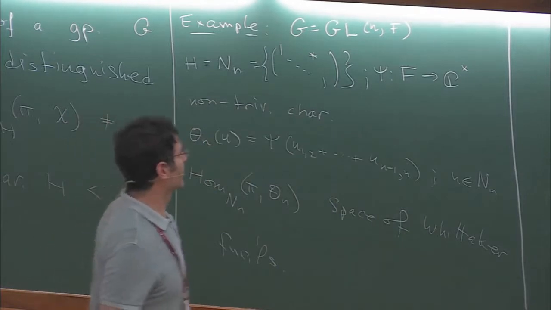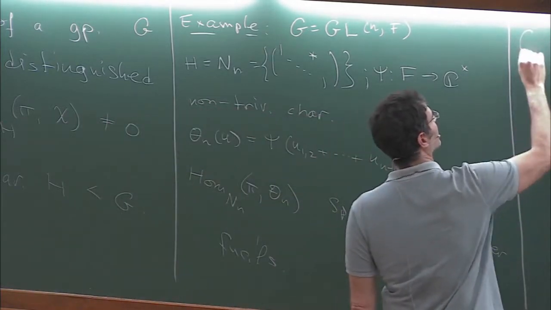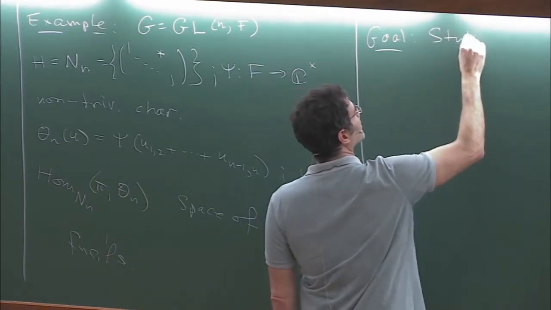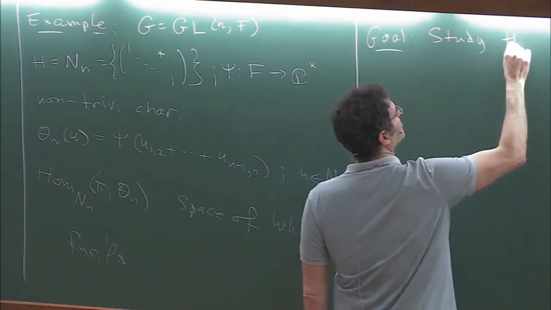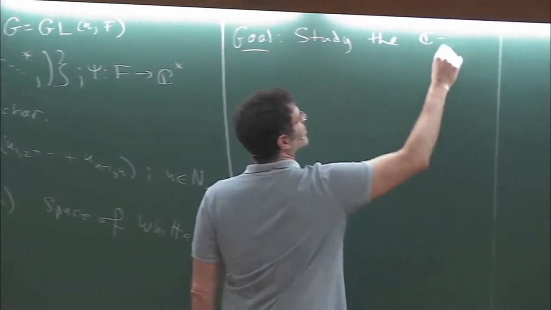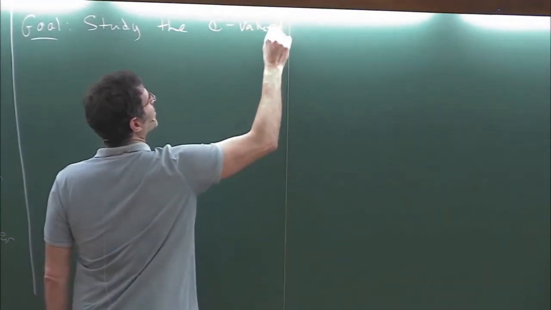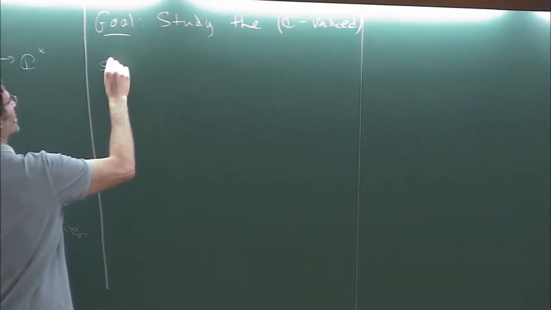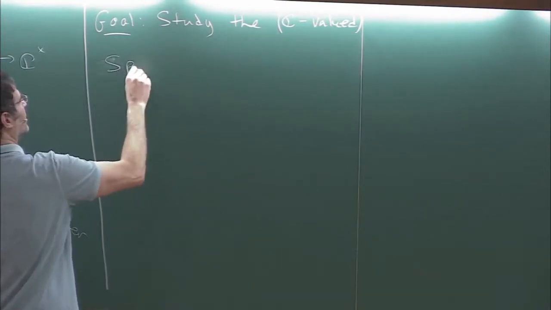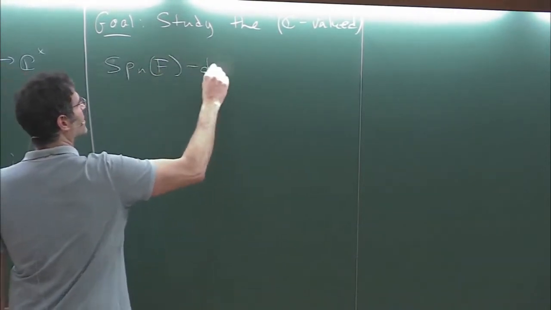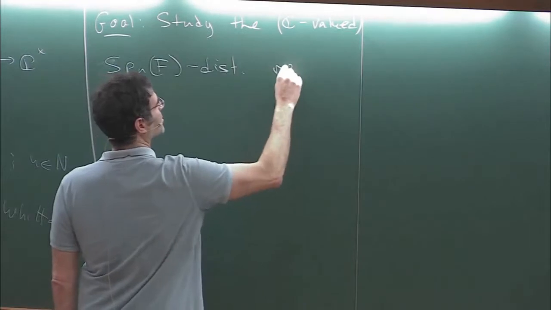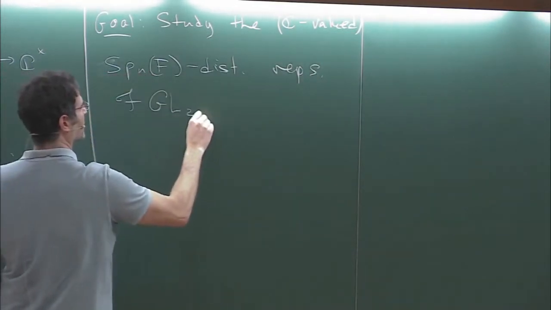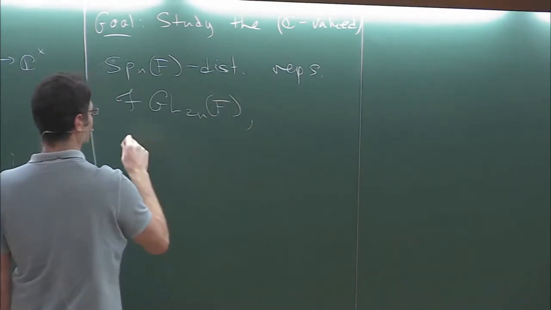And the case that I want to focus on today is, my representations are always C-valued, SPN distinguished representations of GL2N, where F is a p-adic field.